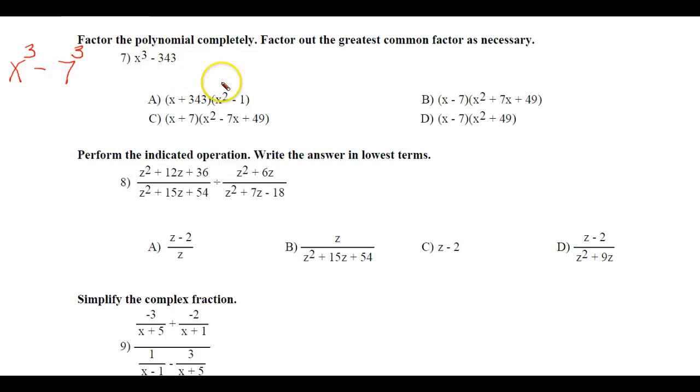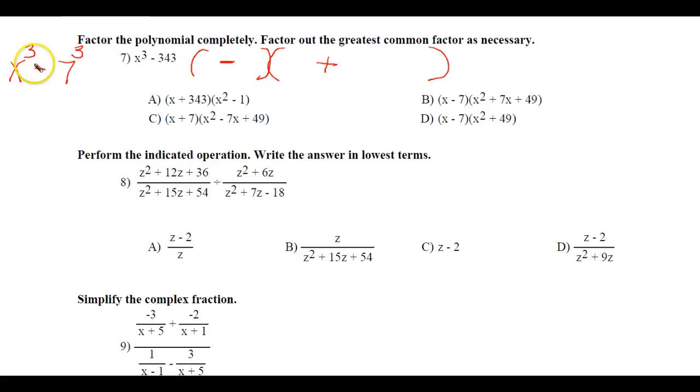Now, hopefully in your lesson, you developed a little procedure for factoring the difference of perfect cubes. And that is to put a parenthesis for 2 terms, a parenthesis for 3 terms. Now the recipe is whatever the sign is, that's what you put there, which is negative. And then the middle term in the 3-term parenthesis will be the opposite sign of that, which will be a plus.